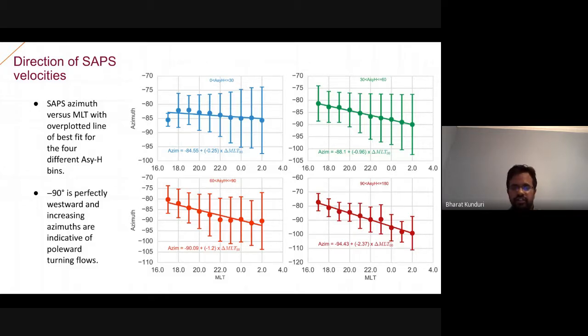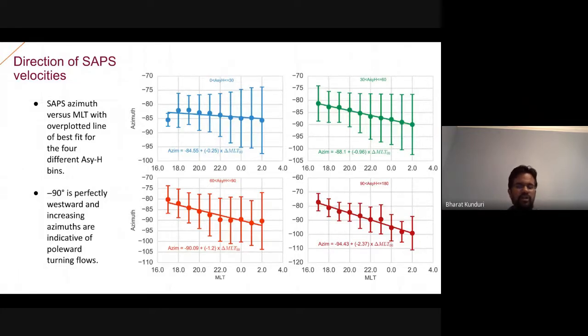I think that is more consistent with the expectations that these flows eventually merge into the two-cell convection pattern, or the high latitude convection pattern on the dusk side. So that probably explains why there is a higher poleward component to SAPS flows that we see.